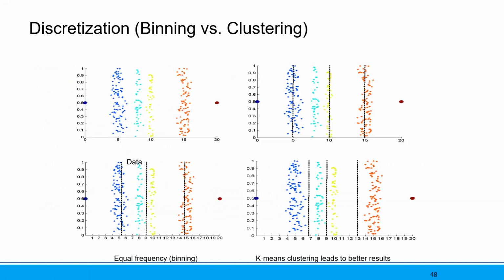What is the difference between binning and clustering? Later we will learn more about clustering. When you do the binning, you can have something like this. I have this data: the blue, the green, the light blue, the yellow and red color.